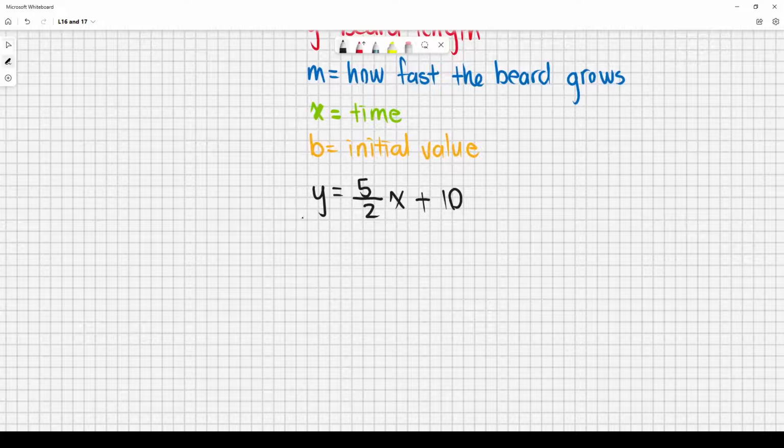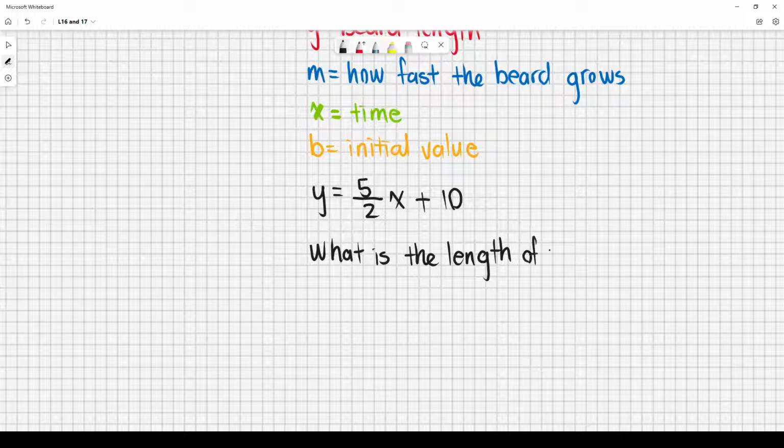So here's my question. What is the length of his beard at, let's say, 26.8 weeks?